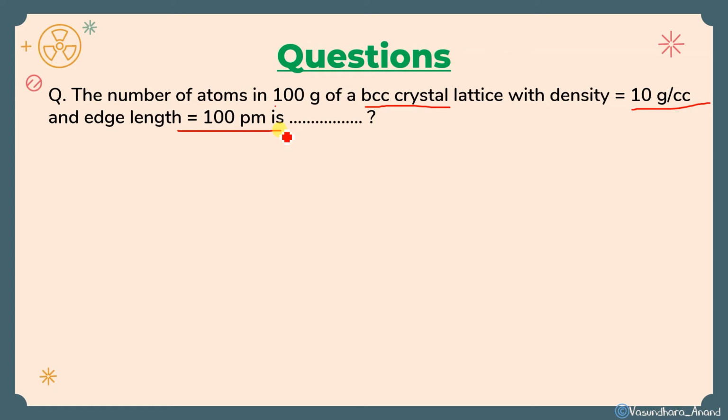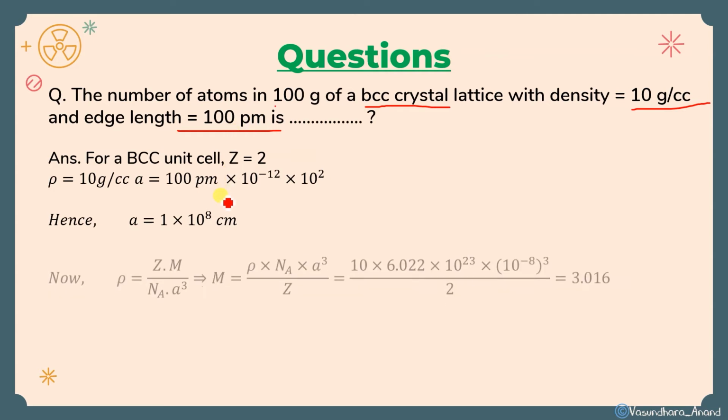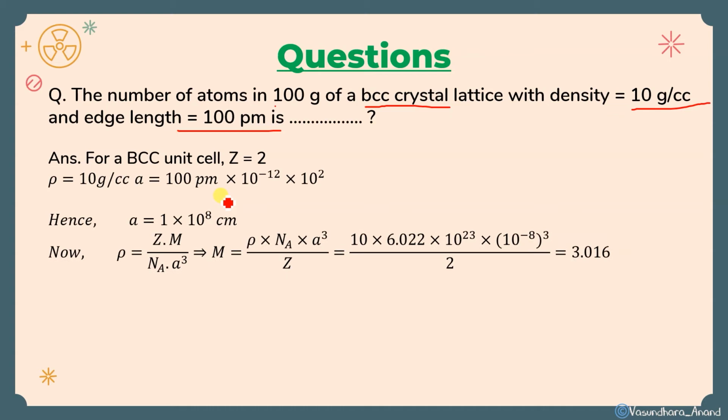You will get molecular mass by the same formula. Yes, density is equal to ZM upon a cube into Na. So use this formula, you will get that. Here it is in picometer, but density is given in centimeter cube. So I am supposed to convert this into centimeter cube, and that is necessary. If it is not converted, it will give you a different answer.